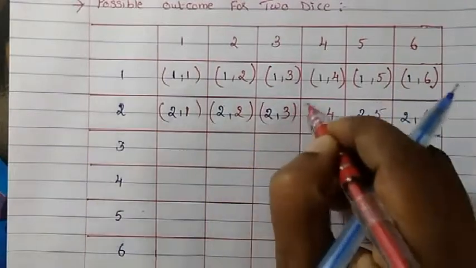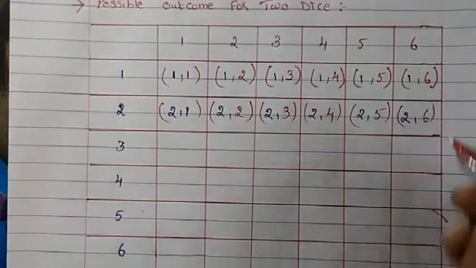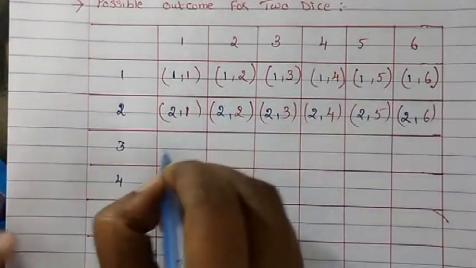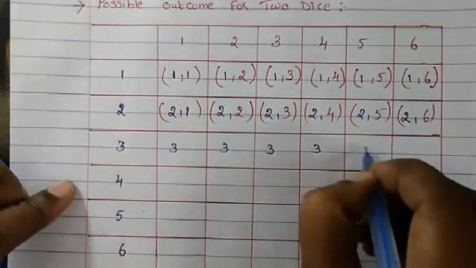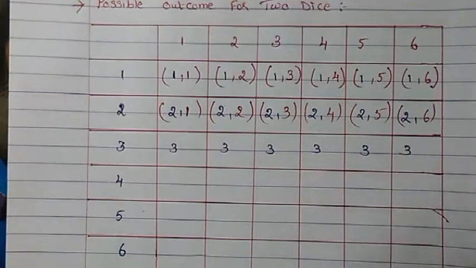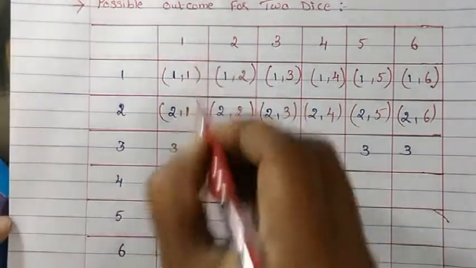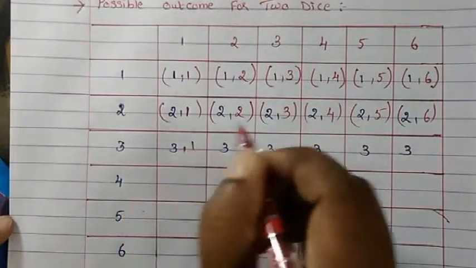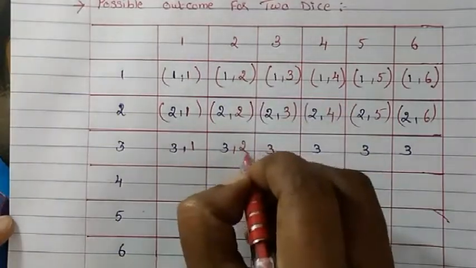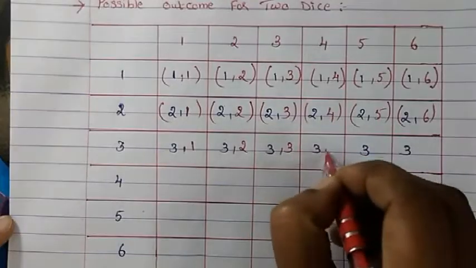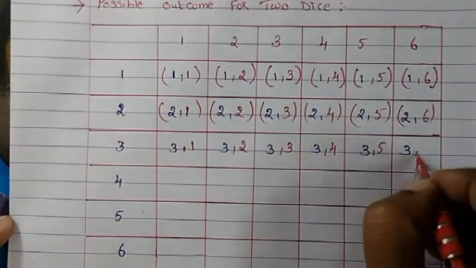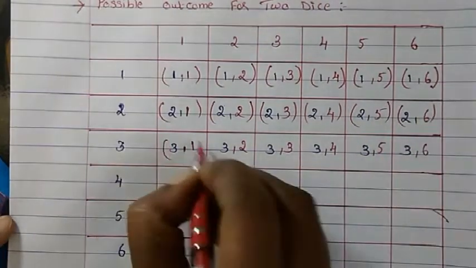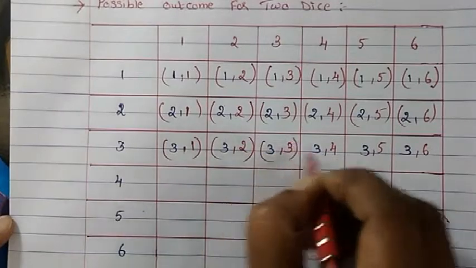You can write it like this, or you can directly write it everywhere at a time. Now you can write 3 3 3 3 3. With 3 there can be 1, with 3 there can be 2, with 3 it can be 3, with 3 it can be 4, with 3 it can be 5, with 3 it can be 6.